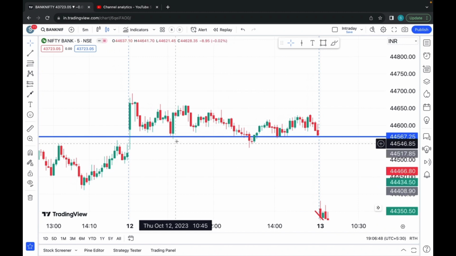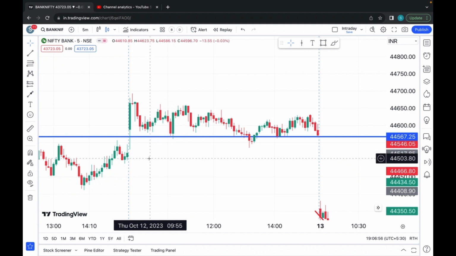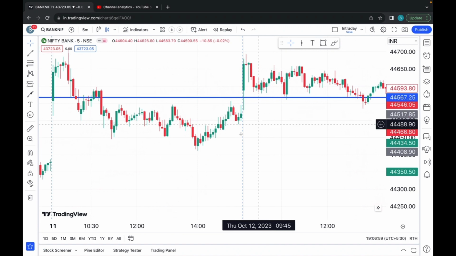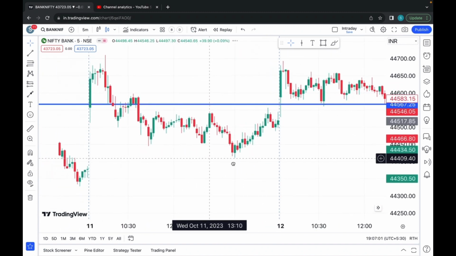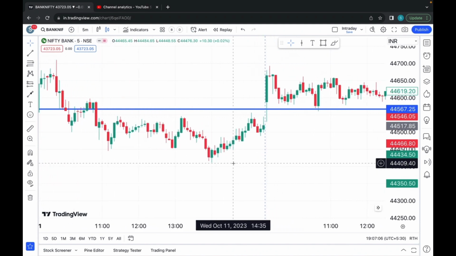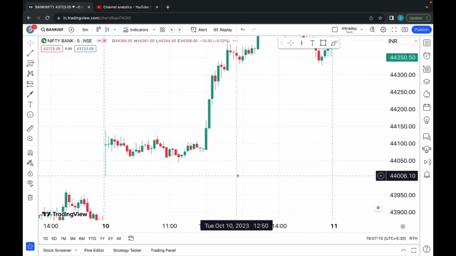Even where there is a hammer after the downward movement, there is at least 1 is to 1 profit. Your minimum profit should be 1 is to 1, also remember that. Any trade that you take, always take it in terms of risk versus reward ratio. Your minimum risk versus reward ratio should be at least 1.